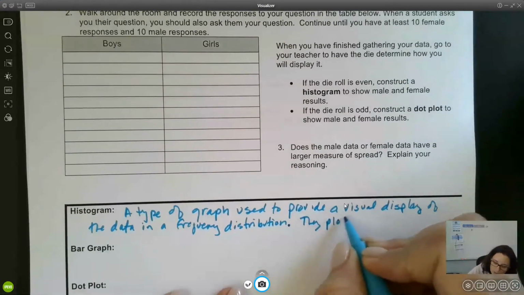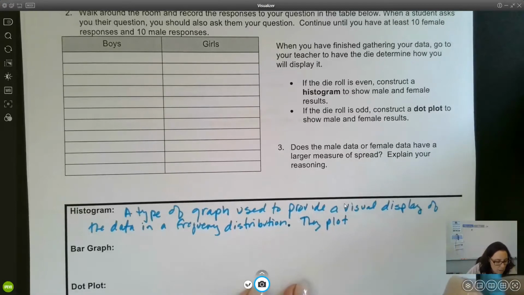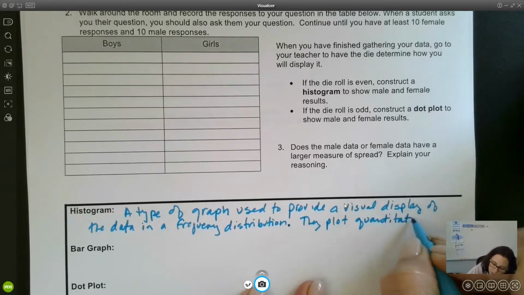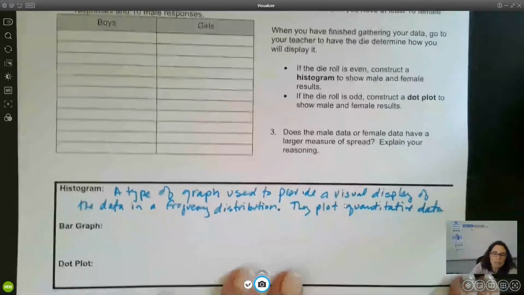The rest of this is about quantitative data. Quantitative means numerical data.